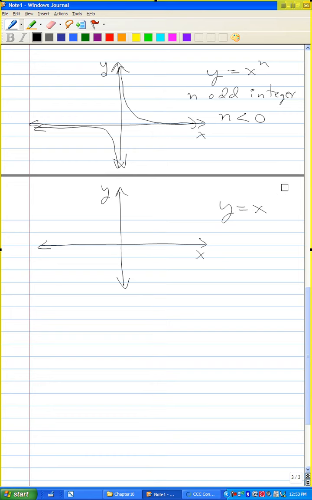Where n in this case is an even integer, and n is greater than 1. So it looks something like this.